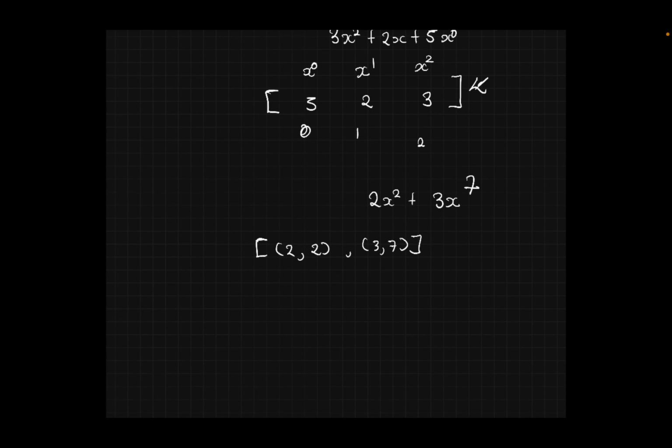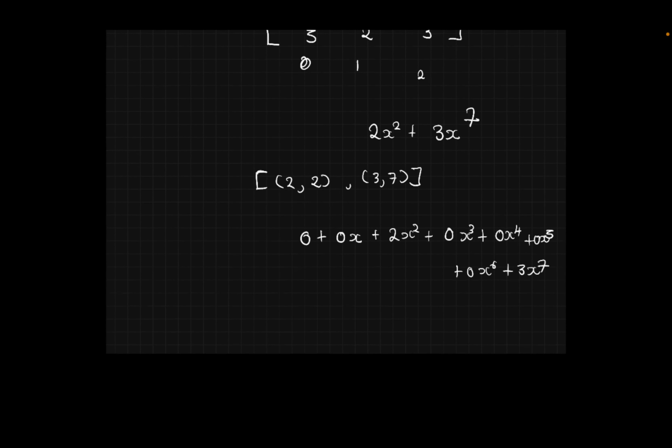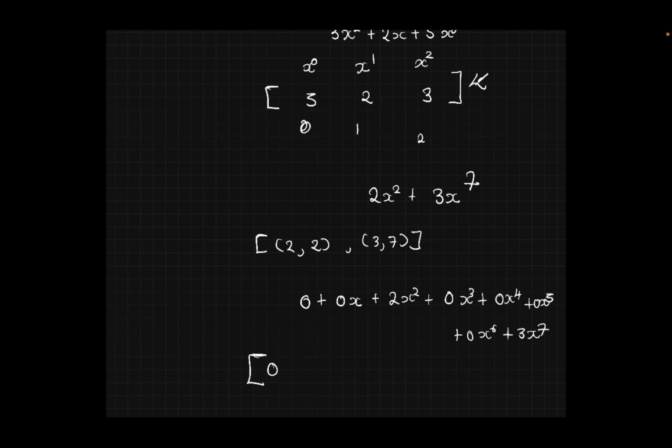So you have a constant 0, plus 0x, plus 2x squared, plus 0x cubed, plus 0x4, plus 0x5, plus 0x6, plus 3x7, right? Then your representation will be an array that has 0, 0, 2, 0, 0, 0, 0, 3, right?